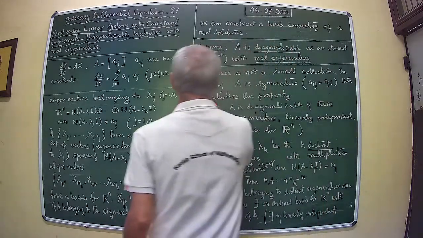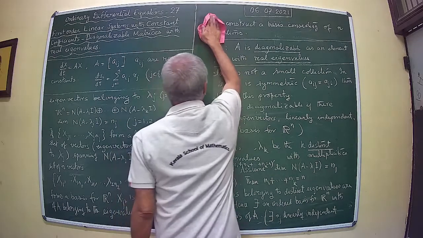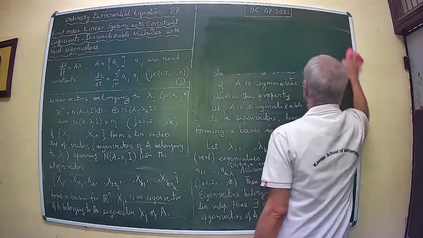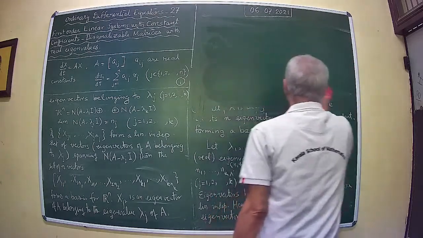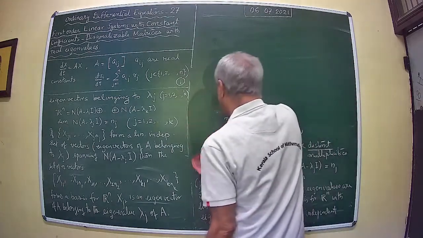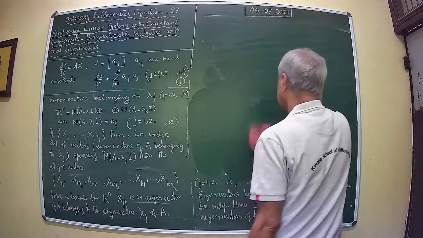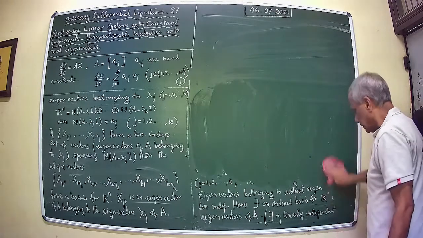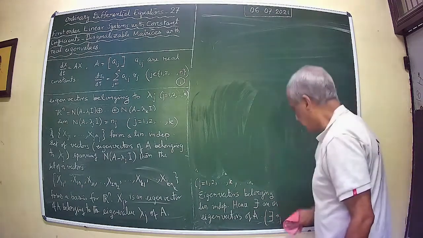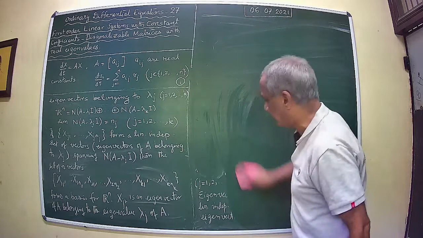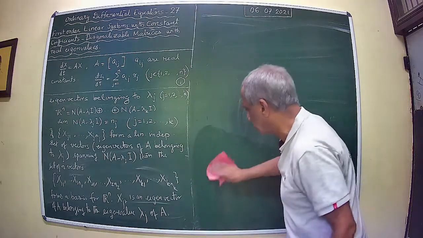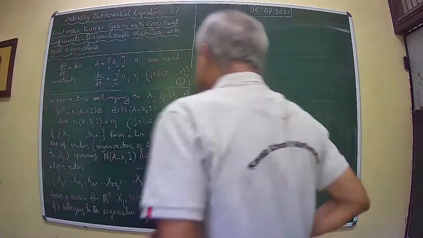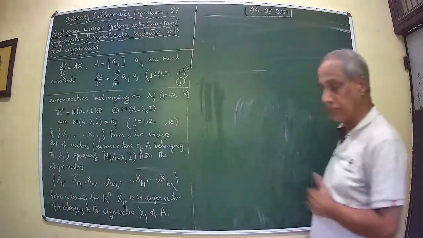Okay. We'll take the complex case later, because in this case you will see that they are already real vectors. They are all automatically real vectors. So in the complex case we need some more details to work with. We shall take it up later.